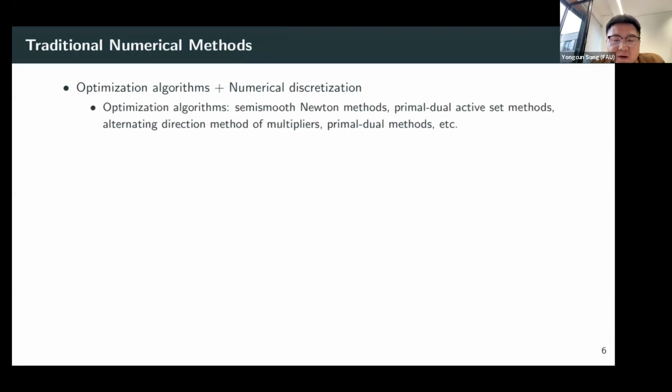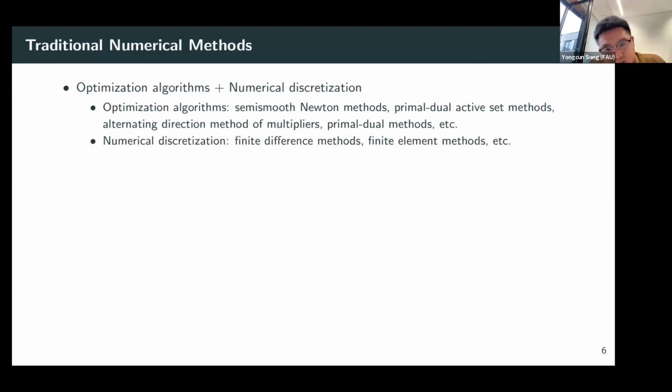Optimization algorithms include semi-smooth Newton methods, primal-dual active set methods, alternating direction methods of multipliers, proximal methods, etc. These methods can handle the non-smoothness of the objective functional. The numerical discretization is based on finite difference or finite element methods.